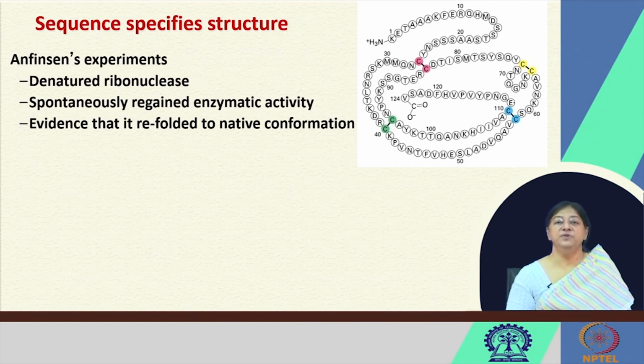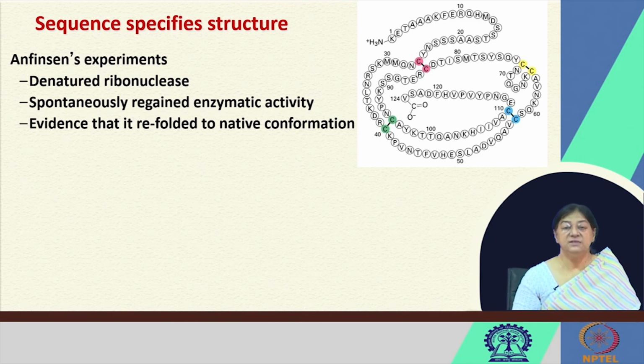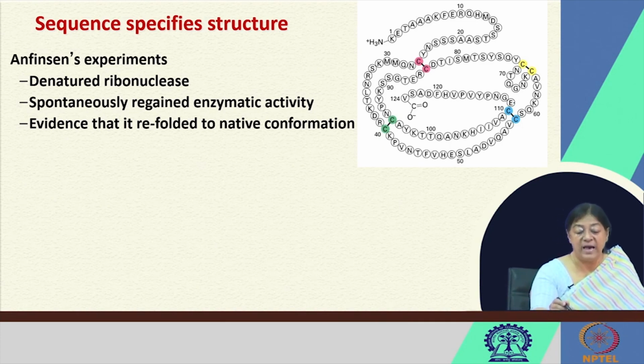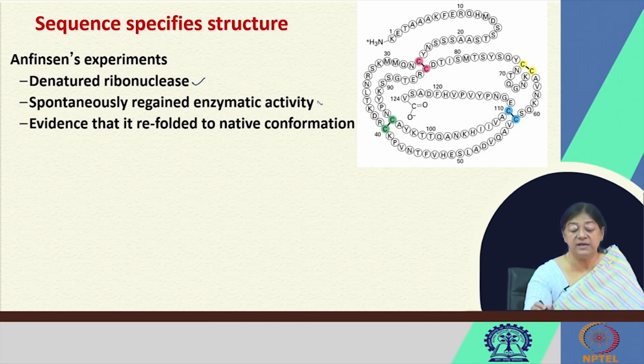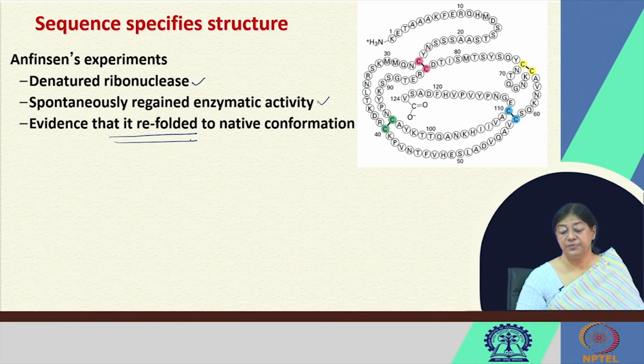So, this is a beautiful experiment that actually indicated that the sequence specifies the structure of the protein. What do we have? We had denatured ribonuclease. It spontaneously regained its enzymatic activity, and this was evidence that it refolded to its native conformation.